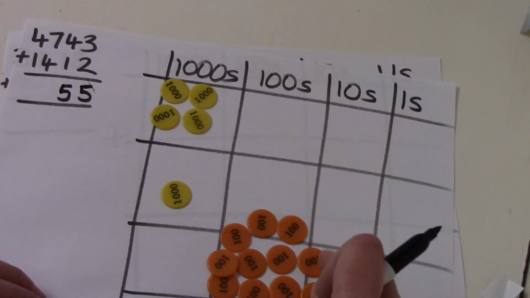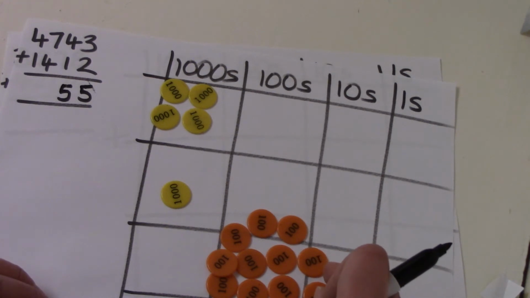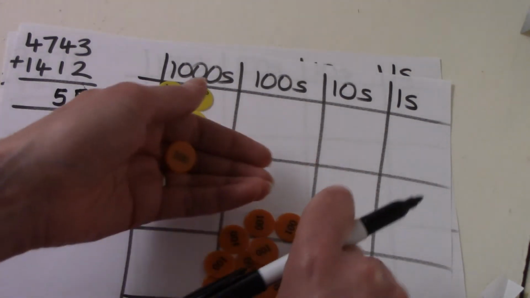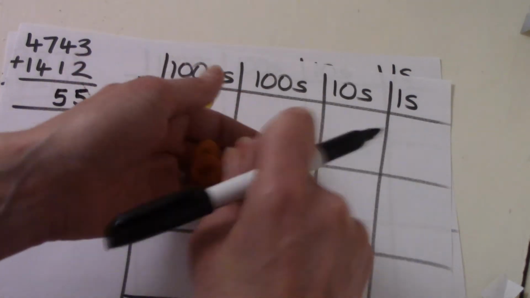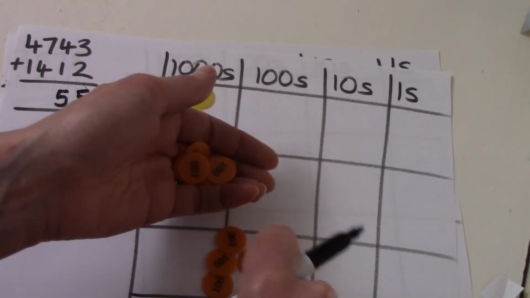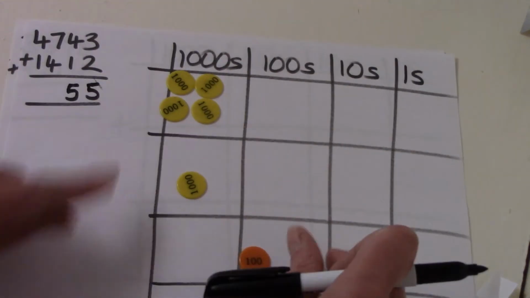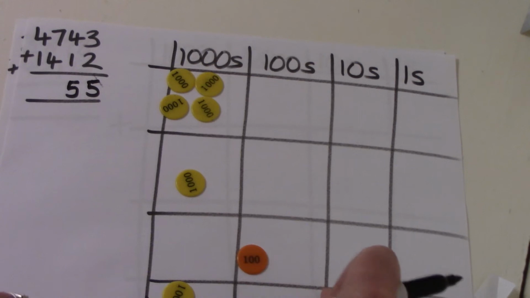What we can do is regroup. So if you remember all that work we did earlier on in this year, we regroup 10. 1, 2, 3, 4, 5, 6, 7, 8, 9, 10. And we can add 1,000 to the bottom.